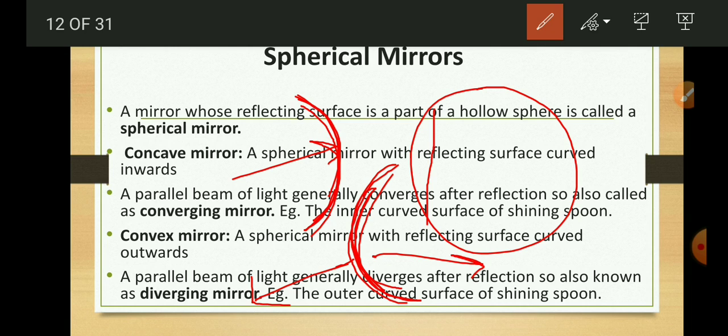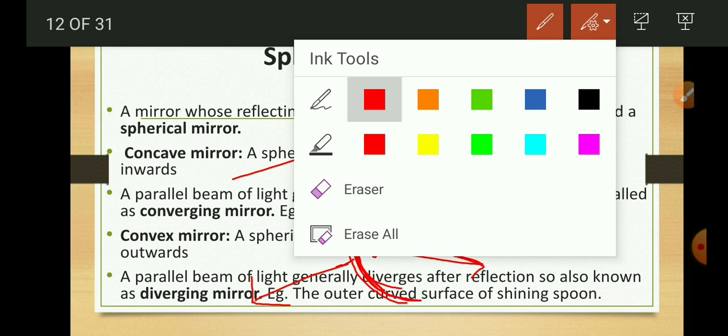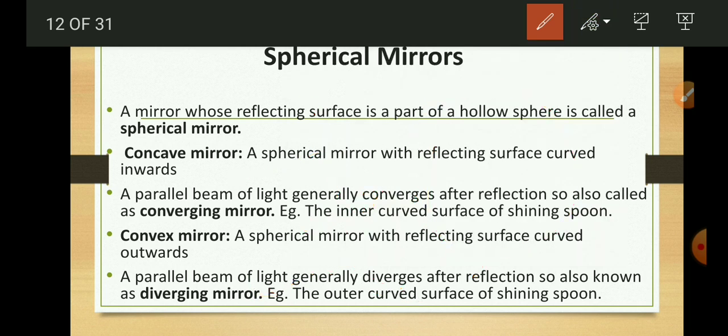Based on this, there are two types of mirrors. One is the concave mirror and the other is the convex mirror. A spherical mirror with reflecting surface curved inward is called a concave mirror. So, if the reflecting surface is the inner curved surface, then that is called a concave mirror. A parallel beam of light generally converges after reflection, and so it is called a converging mirror.